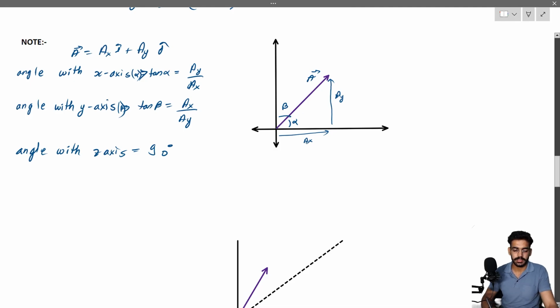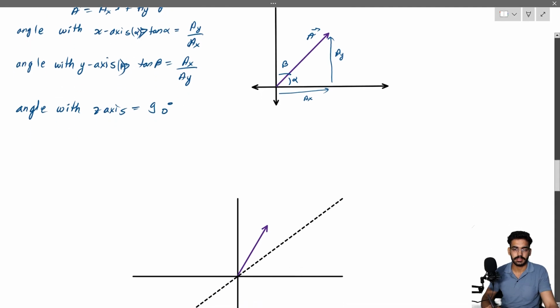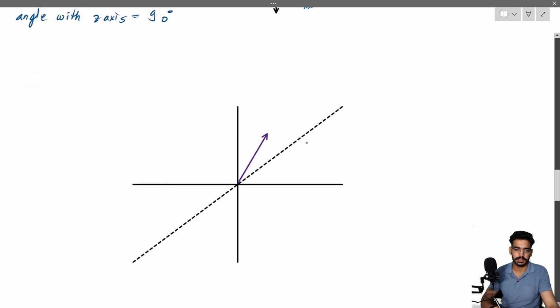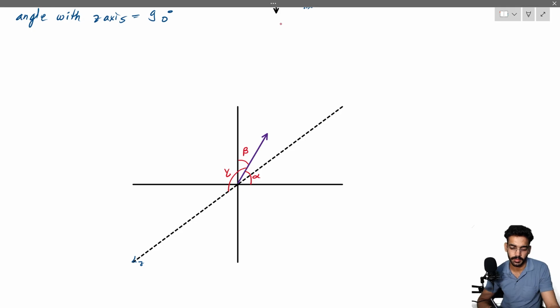Now if you define in 3D, if you have a vector like this, the dotted line is your z-axis. Let me write down. With x-axis it is making angle alpha, with y-axis it is making angle beta, and with z-axis it is making angle gamma. Then how to find out this alpha, beta and gamma, that we are going to write. This is your a vector basically.